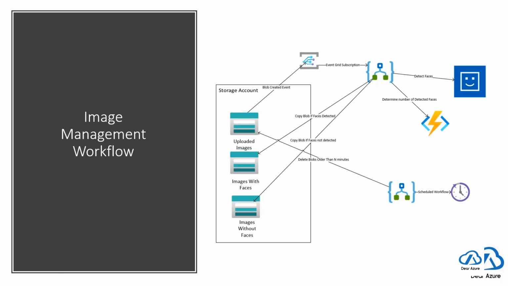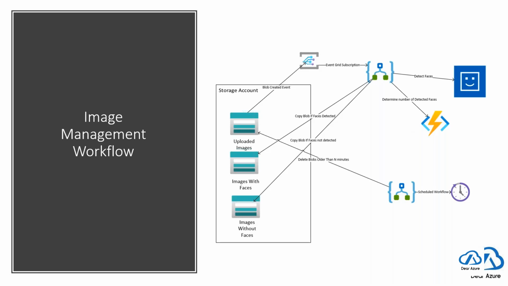Now what it does is it reads the URL of the blob that was uploaded into the container and sends it to the Detect Faces function of the Face API. The function returns an array of responses about whether faces were detected or not. To determine how many faces were detected, we send that array received from the Face API to an Azure function, which internally parses it and returns the count of faces detected.